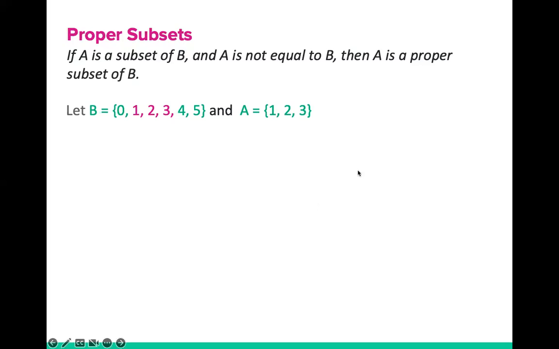So let's have this example. We have a set B, which has elements 0, 1, 2, 3, 4, and 5. And A has elements 1, 2, and 3.